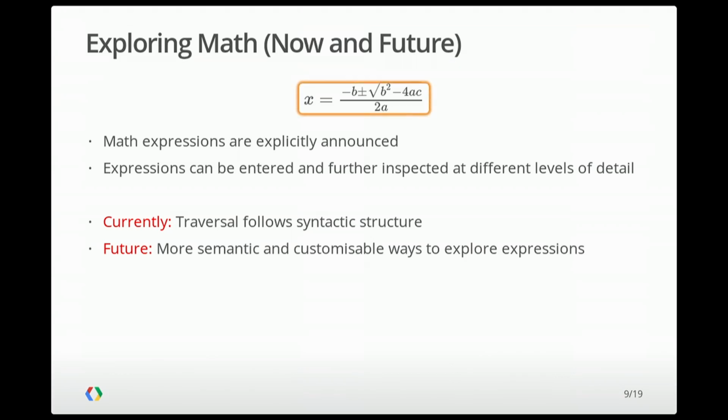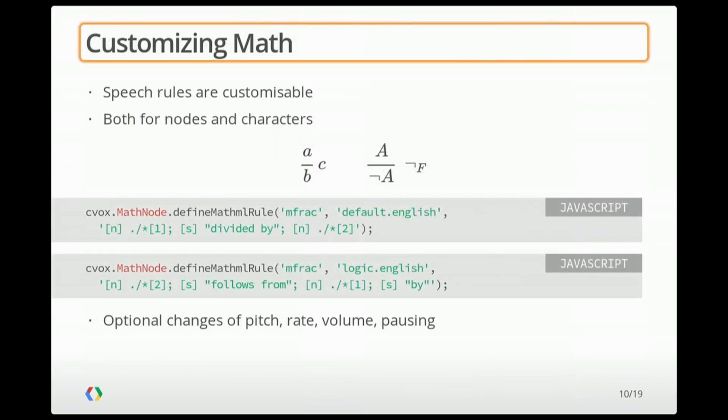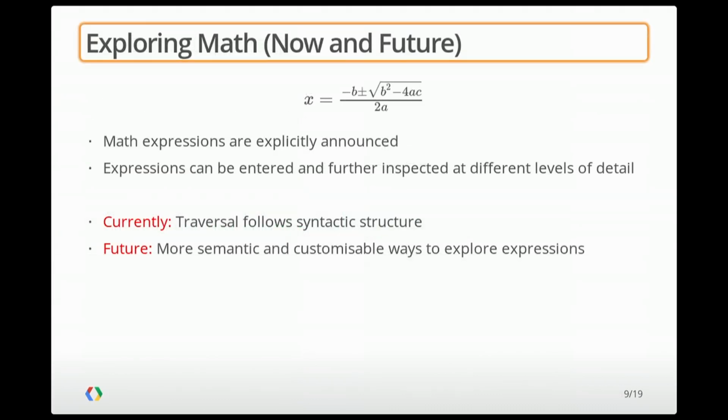Now we're in the math expression. Let me try this again. Nope. I'm sorry, this is the demonstration effect. If you come to our sandbox, I'll demonstrate this to you in detail. I'm not quite sure why this currently doesn't work.